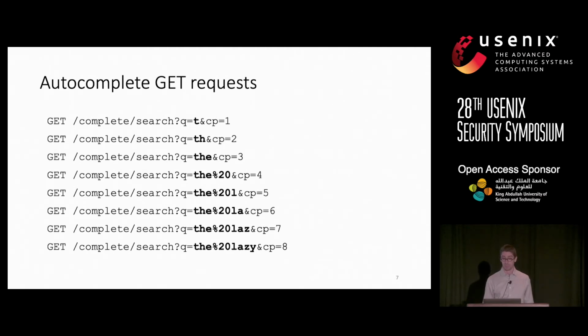This partially completed query appears as a parameter in the URL. Pretty much everything else in these packets stays the same. So if we look at the size of the sequence of requests, the size of the packets is linearly increasing, since we only have the addition of a single character with each request.